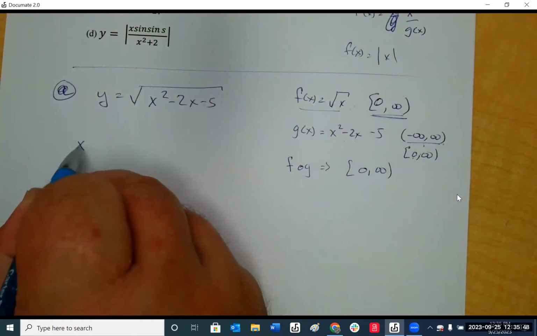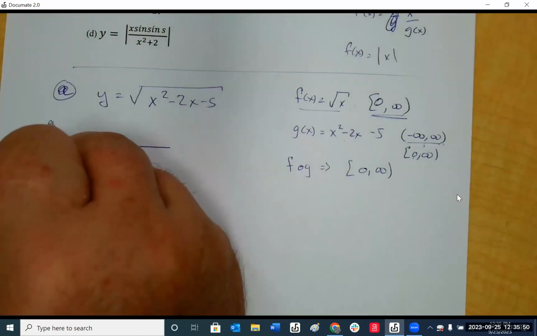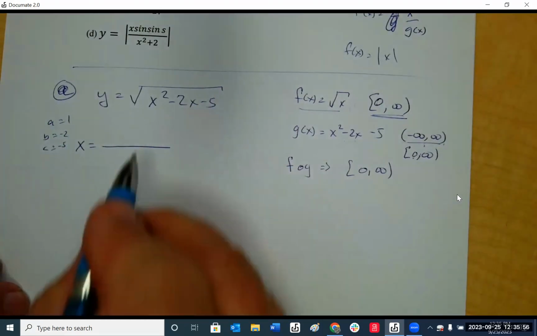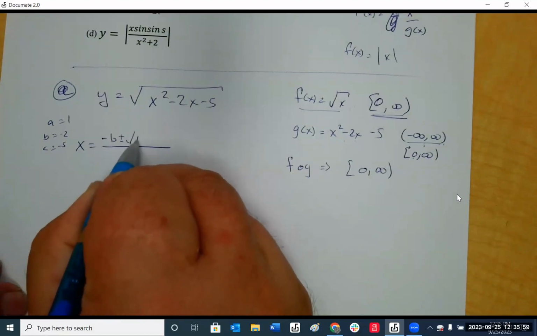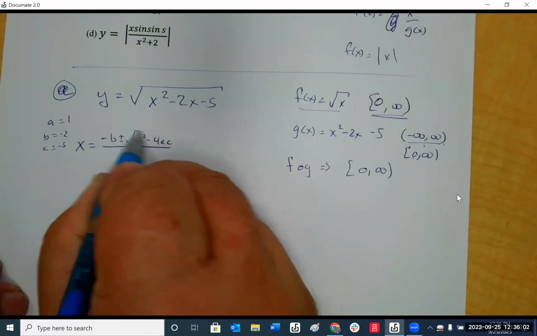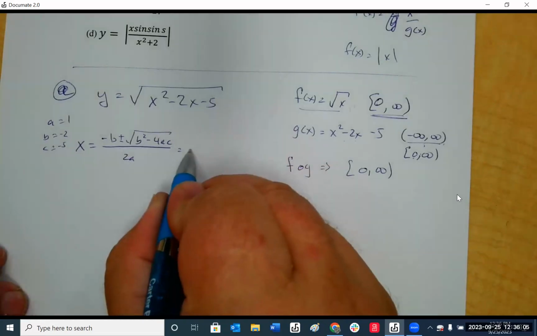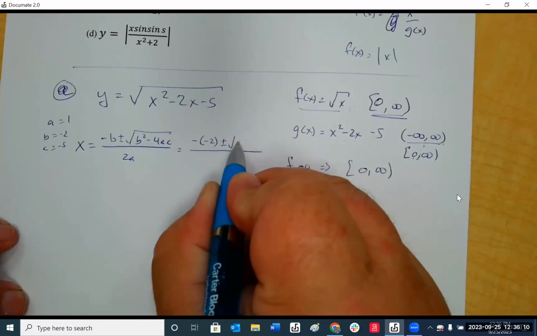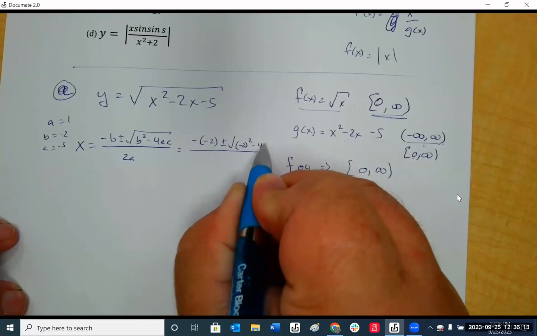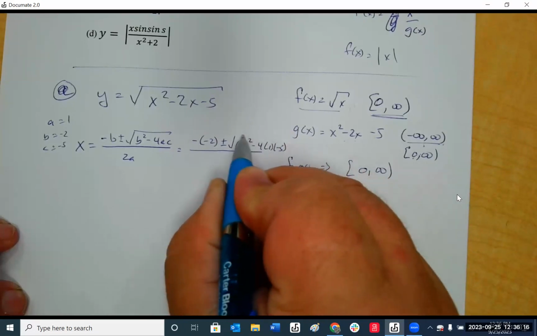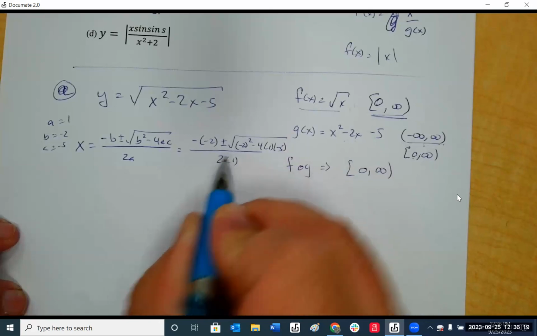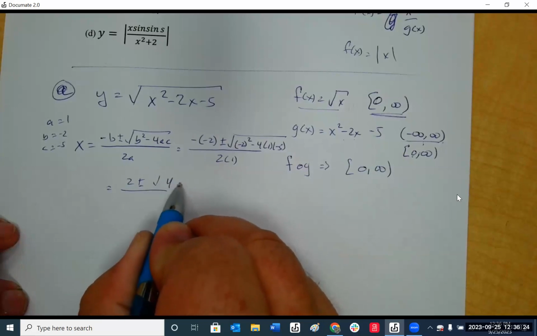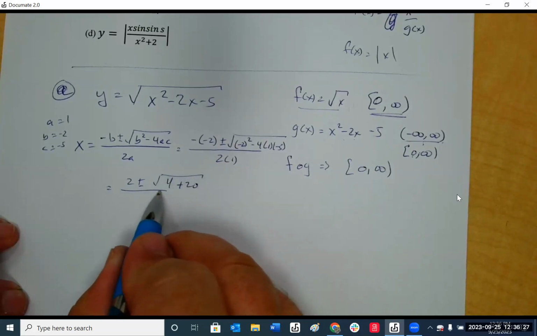So x equals, a is 1, b is -2, c is -5. Negative b plus or minus the square root of b squared minus 4ac, over 2a. So negative -2 plus or minus the square root of -2 squared minus 4 times 1 times -5. That's 4 plus 20, 24.